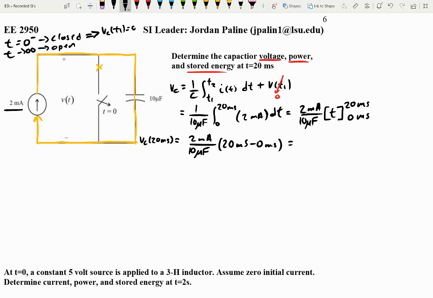When we do that math, remember we want to work with base units. Micro is equal to times 10 to the negative 6. When we do that, we'll get 4 volts for V of C at 20 milliseconds.